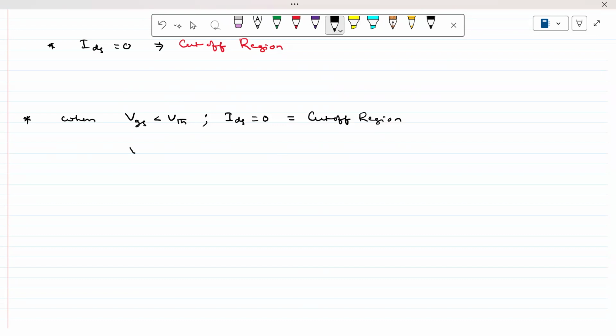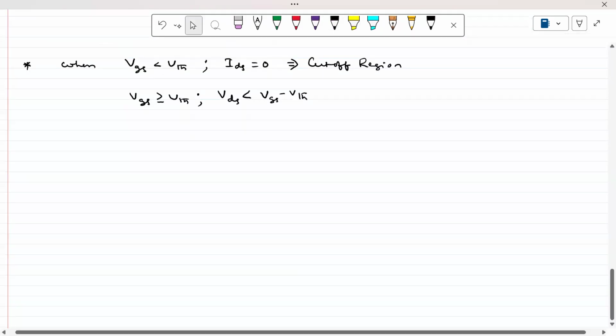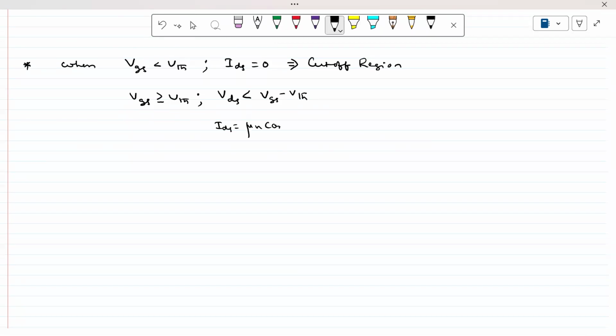Now, when VGS is greater than or equal to VTH, the inversion channel will be formed. Under this condition, if the VDS value is less than VGS minus VTH, then IDS is equal to mu n Cox W by L into (VGS minus VTH) into VDS minus VDS squared divided by 2. This is called the linear region.